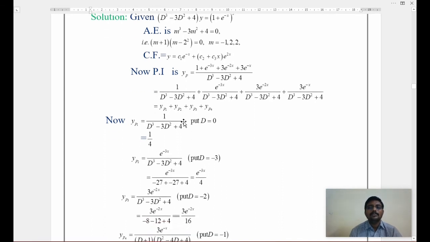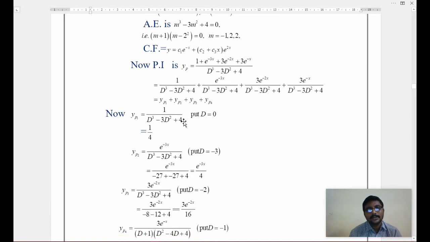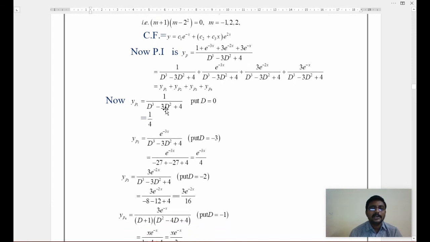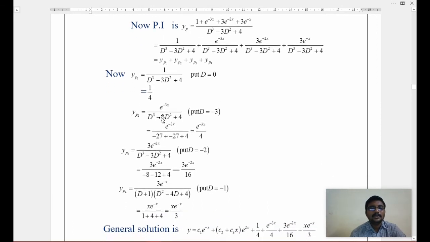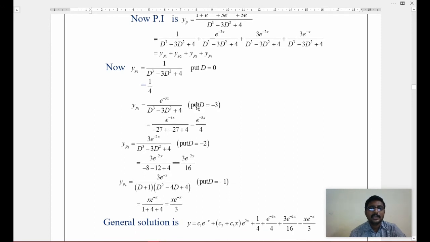Now we have to solve these particular integrals separately, and then add them to get the required particular integral. So yp1 is 1 by D cube minus 3D square plus 4, and 1 can be written as e power 0x, so that putting D equal to 0, we are getting a non-zero number. The second case is putting D equal to minus 3, we are getting a non-zero number.